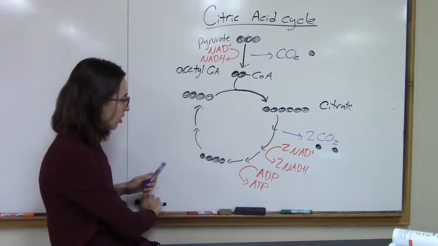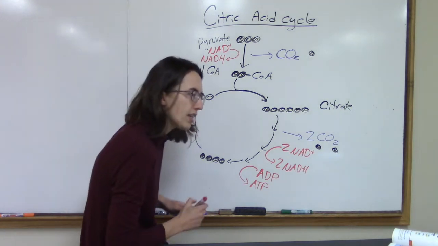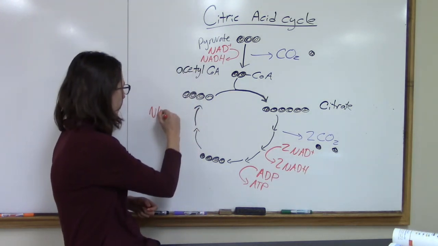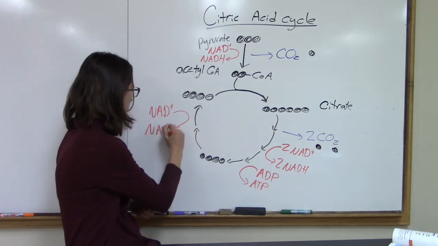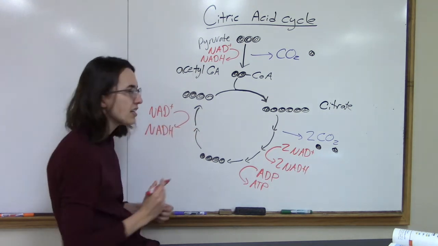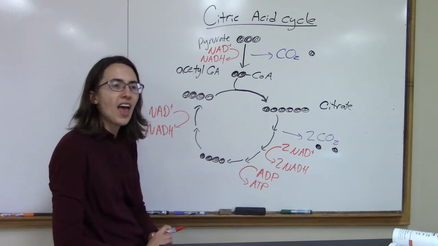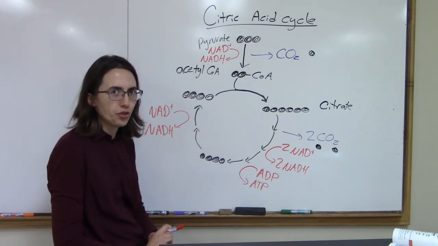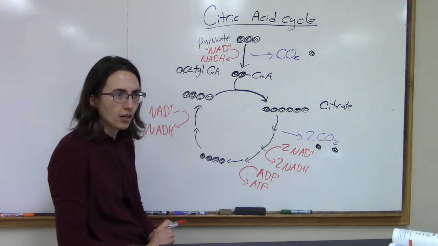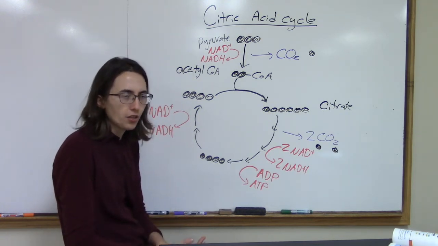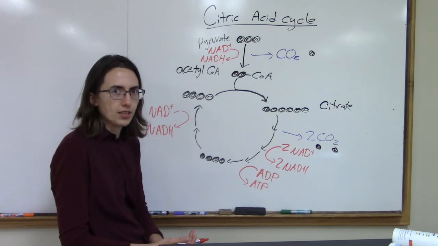What batteries does it charge up? It's going to charge up 1 more NADH, and it's going to charge up a molecule called FADH2. FADH2 is the last type of molecular battery. It's another high-energy molecule that is not available to most enzymes in the cell.